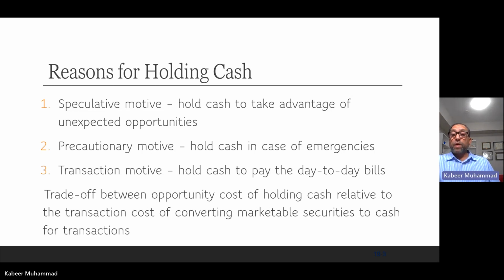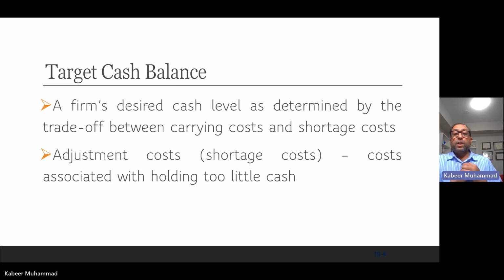If the capital markets, bond markets, or other asset markets are very efficient, so that when we need money we can encash those assets, then people are not going to keep money in cash. They invest, because they have to weigh how much time we need to convert, how much money we lose, or how much we gain against keeping the cash. So it is a trade-off between holding cash and investing in marketable securities that we can convert into cash.